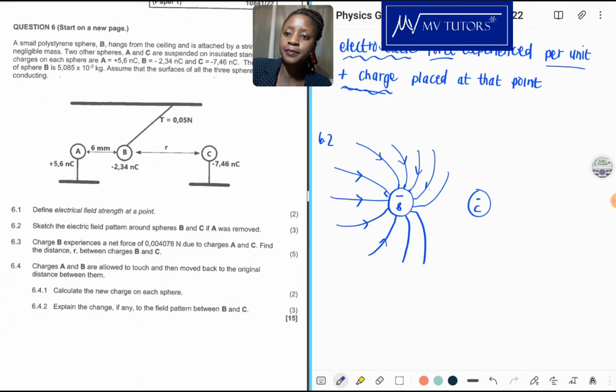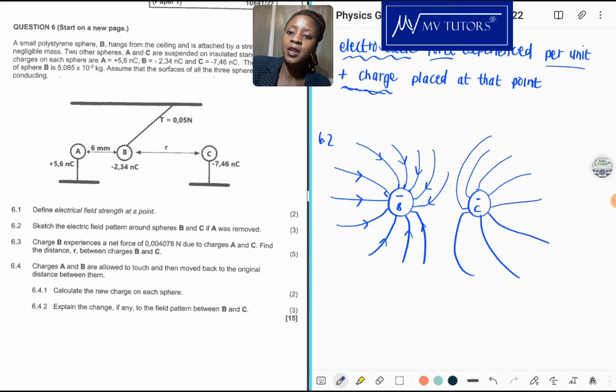And also the arrows: when it's negative, the arrow is going inwards. So that's B with its negative, and then you get C, where it's well positive, just goes out. This is me exaggerating, but this is pretty much it.